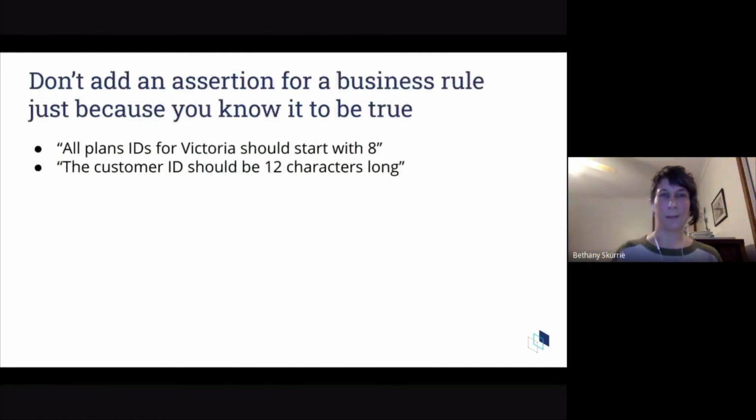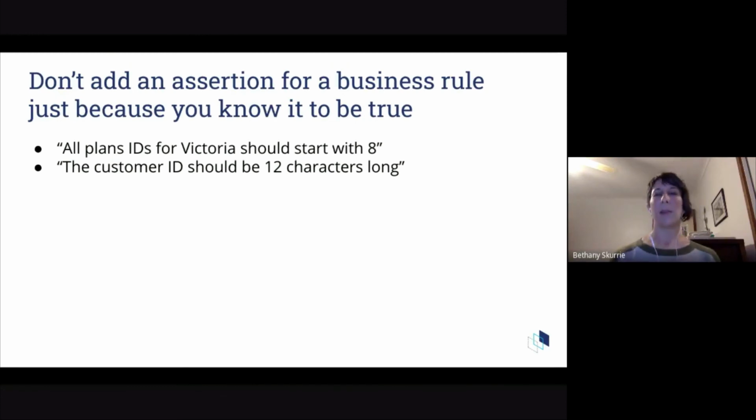All right, one of the other traps that you don't want to fall into is adding an assertion for a business rule just because you know it to be true. So, for example, I was out at a client recently, and they were thinking about the matchers they would put into their particular contract, and they were like, okay, so all the plans for Victoria have to start with an 8. So I'm going to put a regular expression on this ID to make sure it starts with an 8.